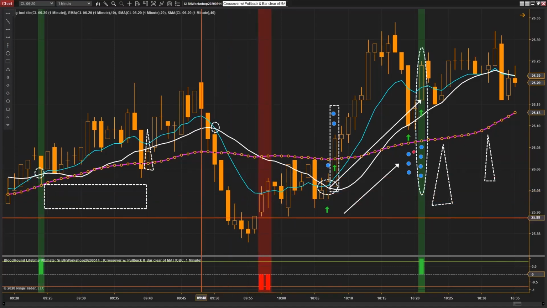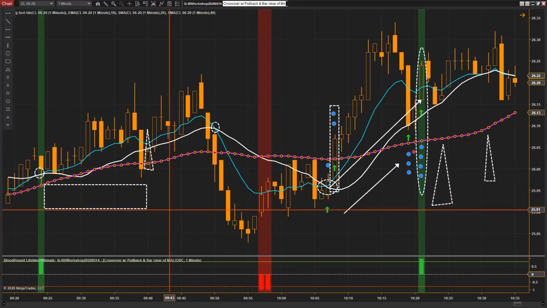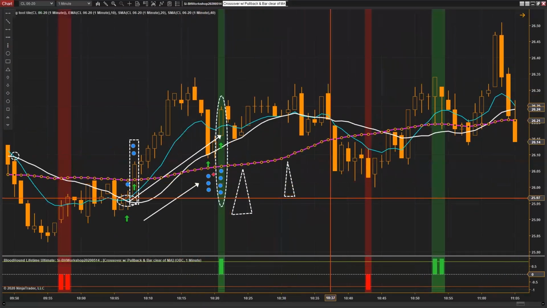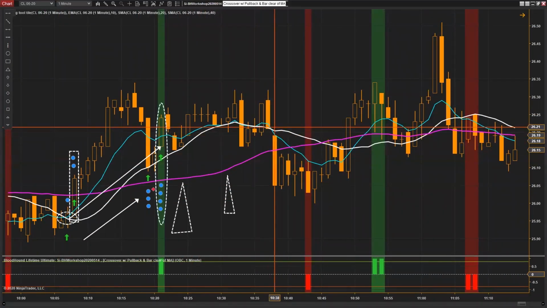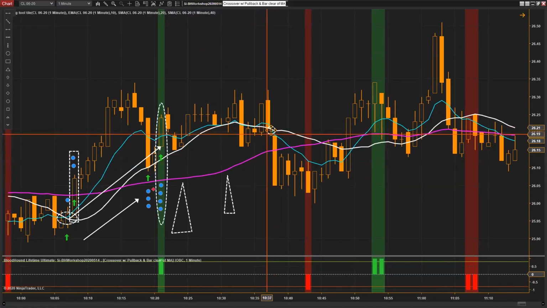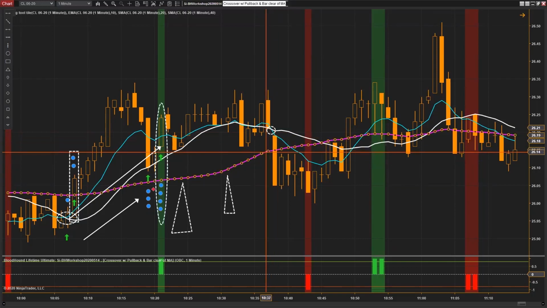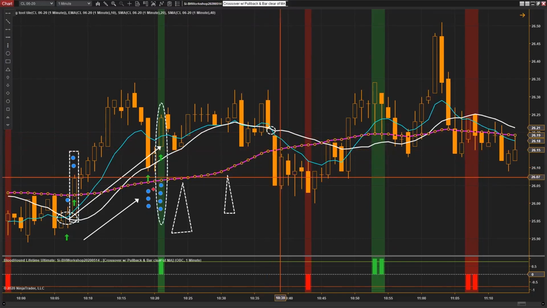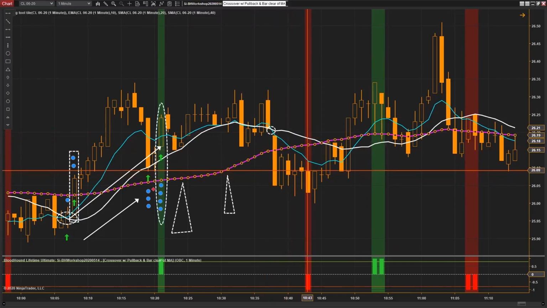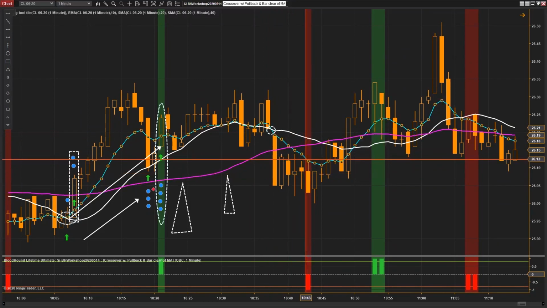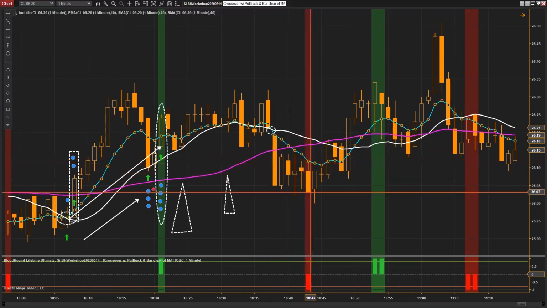So there's that. That looks good. Let's see what we have down here. All right, we have the moving average crossover. We have a bar touching the slow moving average. And then we finally get our bar touching the fast moving average. And there's our short signal.